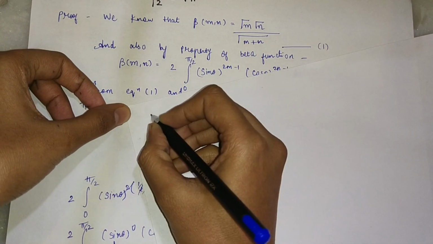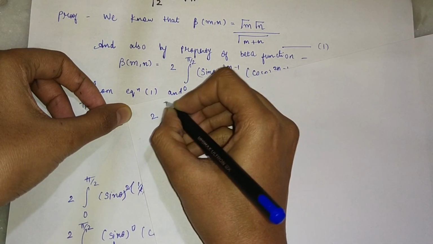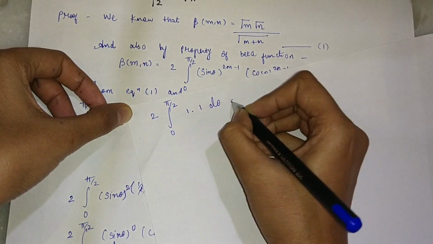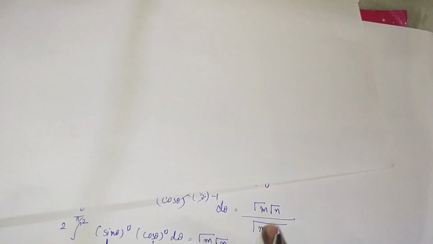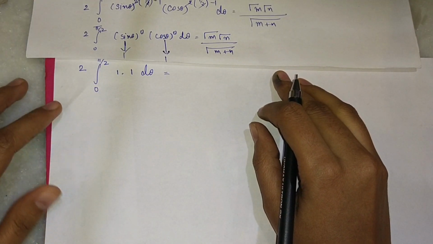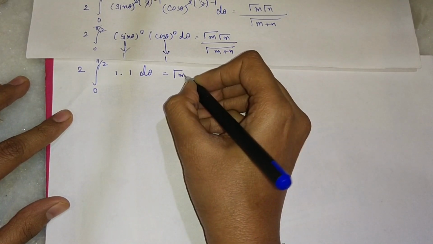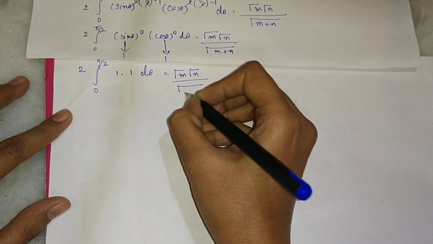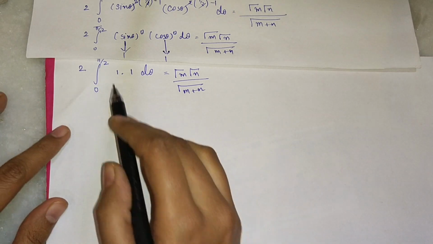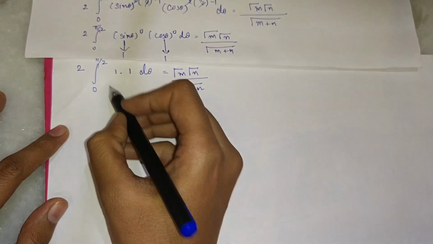So we can write it as 2 integral 0 to pi by 2, 1 into 1 d theta, that is equivalent to, from this equation we are writing, gamma m gamma n divided by gamma m plus n. Okay, now integration of 1 d theta is theta.